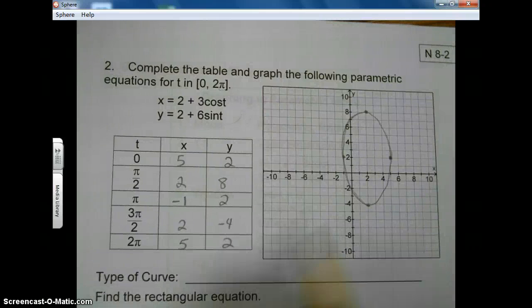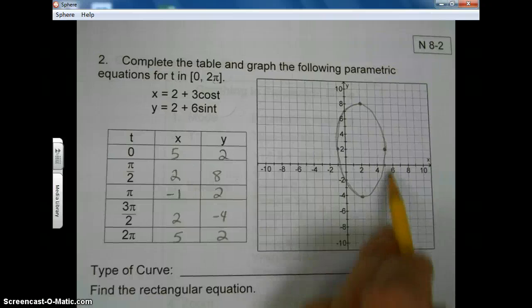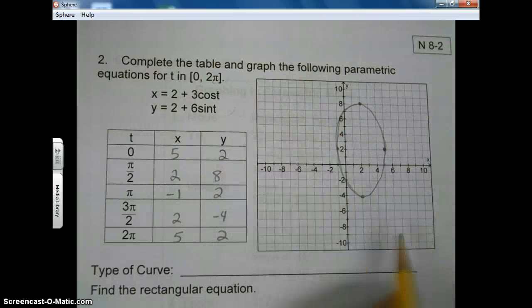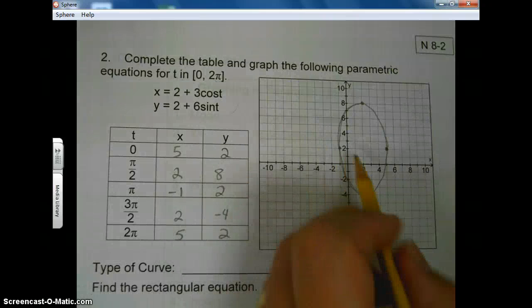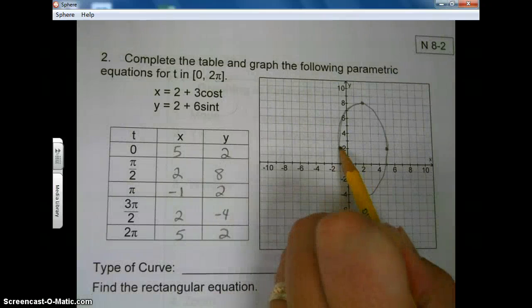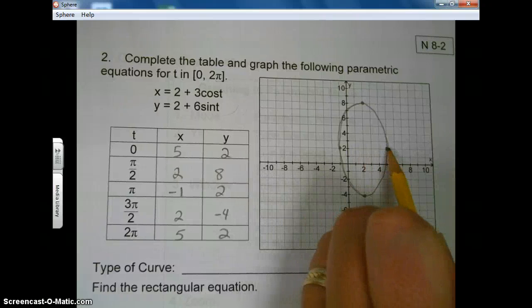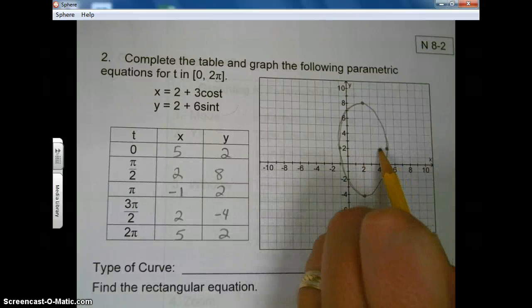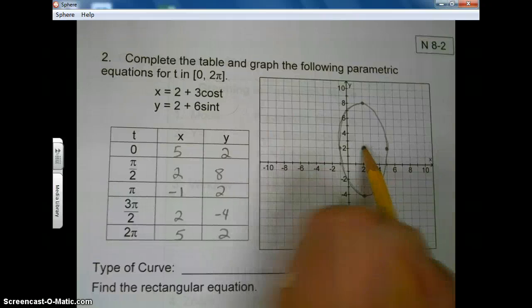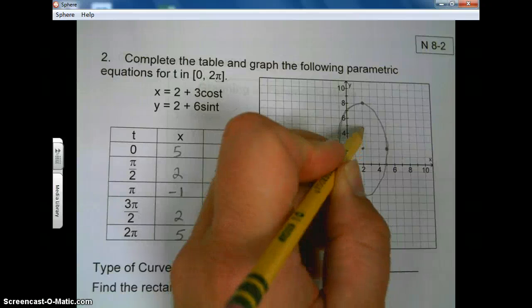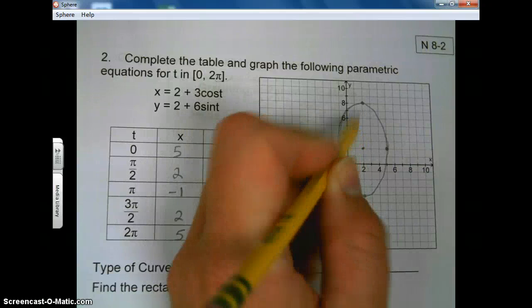Okay, so here we go. Here we have an ellipse, a vertical ellipse. Now, what's our center? Very simply, if you count your horizontal, you have 1, 2, 3, 4, 5, 6. Half of 6 is 3. Again, counting vertically, 1, 2, 3, 4, 5, 6, 7, 8, 9, 10, 11, 12. Half of 12 is 6.